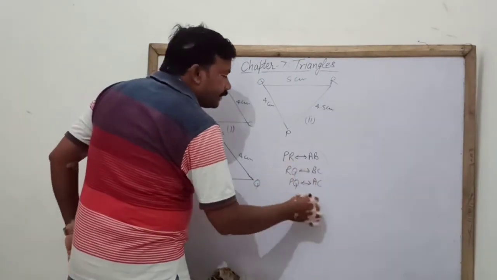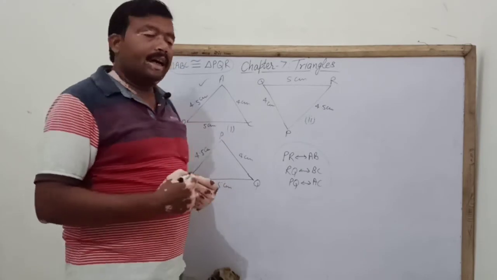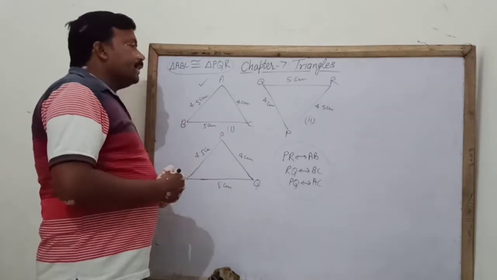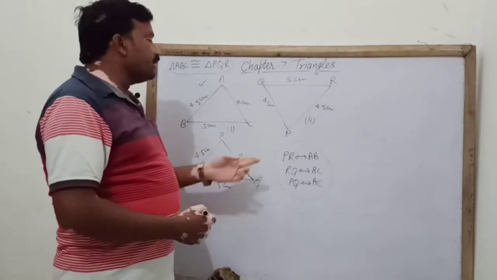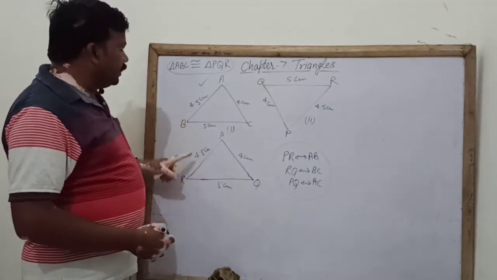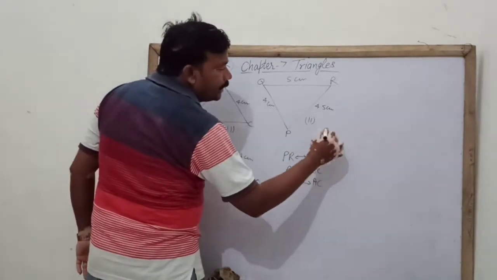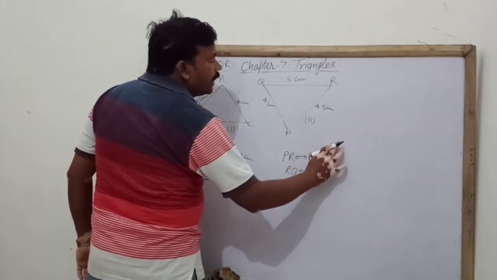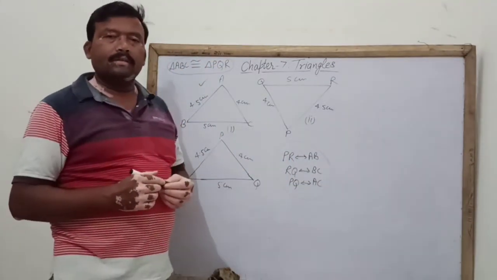These sides will be called corresponding sides, and we can say that in congruent triangles, corresponding sides are equal. This point is to be noted: corresponding sides are equal in congruent triangles.